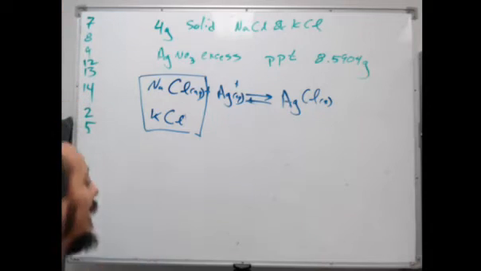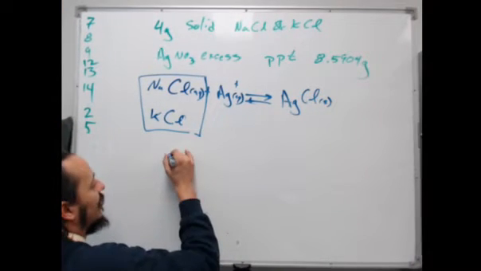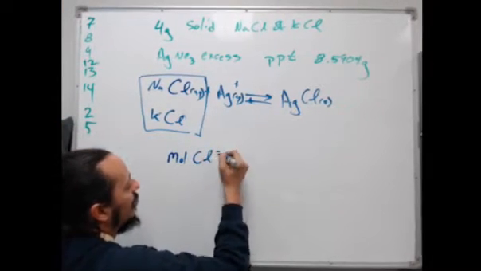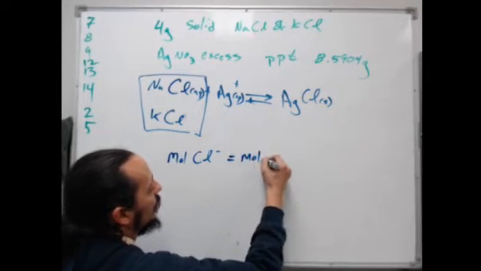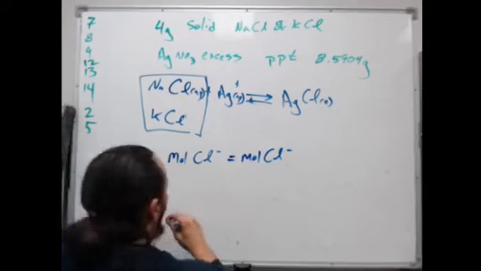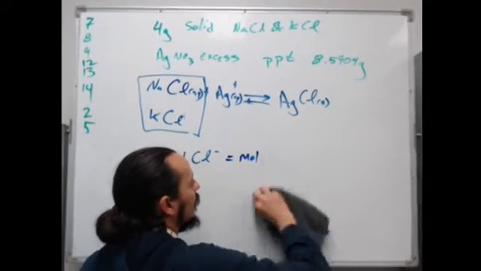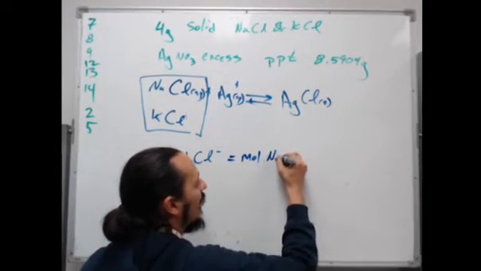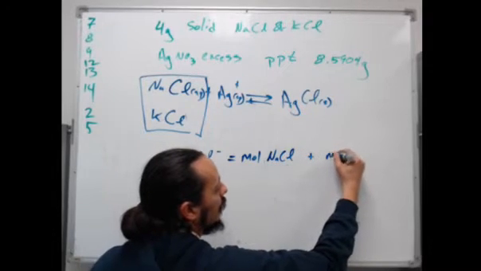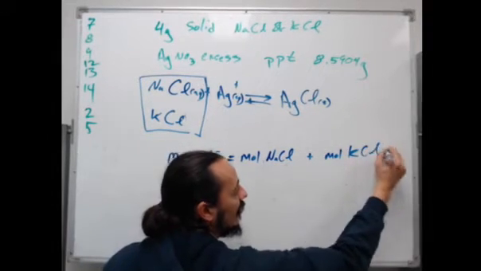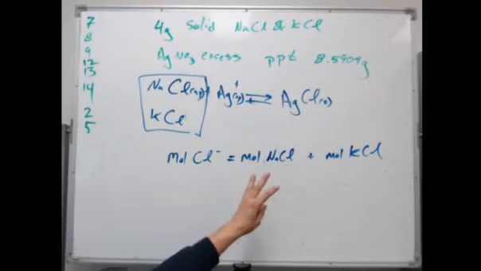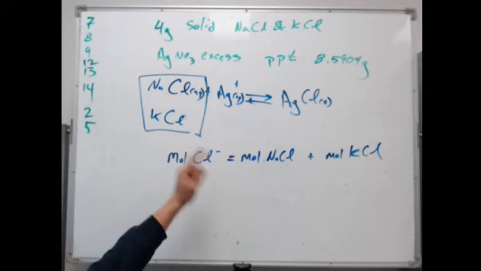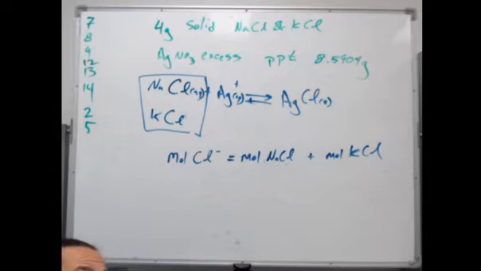We're going to have one equation that's going to look like this: moles of Cl minus is going to be equal to the moles of NaCl plus the moles of KCl. And we can do this in a one-to-one way, where I don't have any mole ratios or anything, because it's all a one-to-one reaction, which makes it actually easier than the 127 problem that you don't remember.